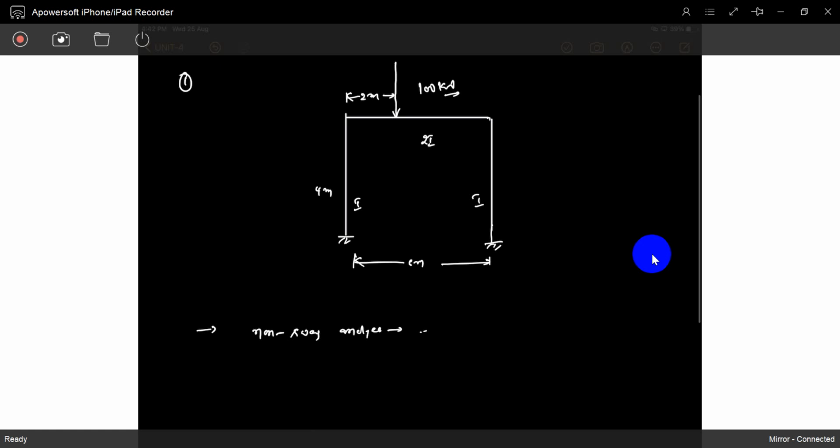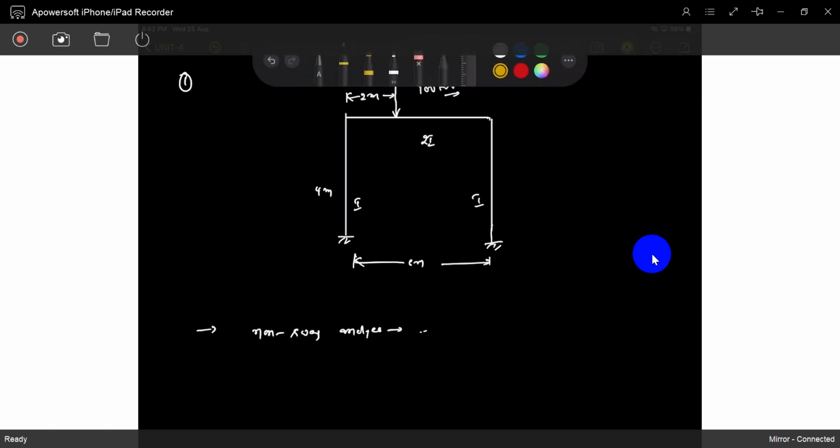You have to find out HA and HD. If HA plus HD equals 0, that means there is no sway. If the load is exactly symmetric, HA plus HD should be 0 because there is no horizontal force.